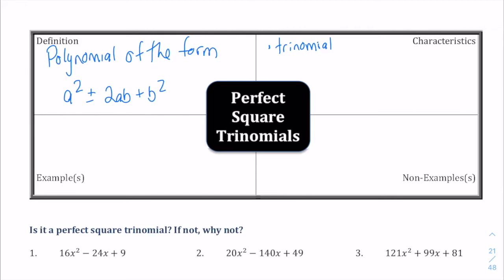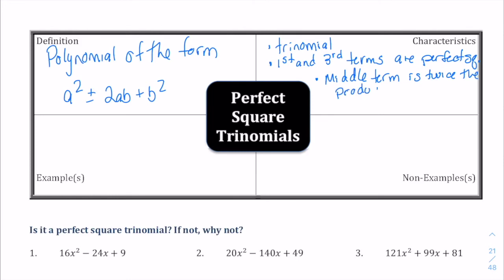Second, the first and third terms are perfect squares. Lastly, and this is the most complicated one, the middle term is twice the product of the square root of the first and third terms, ignoring the sign. One last characteristic is that the last term is always positive.